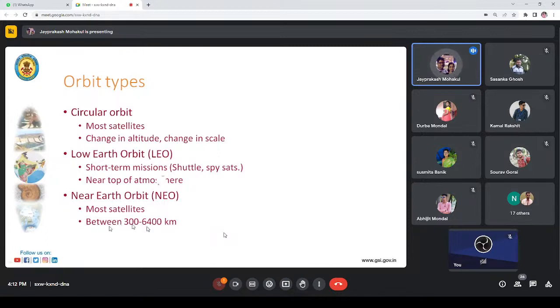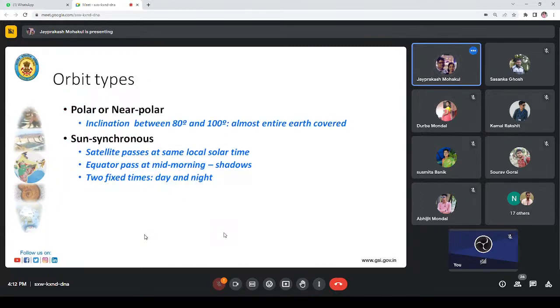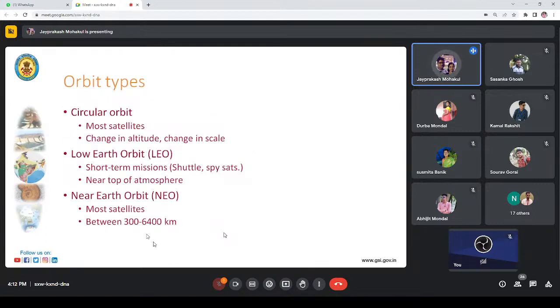These can have a height range of 300 to 6,400 kilometer, and then of course you have satellites which can see the entire Earth at one go, at least half of it. They are basically those kind of satellites you need when you need a satellite always looking at India.